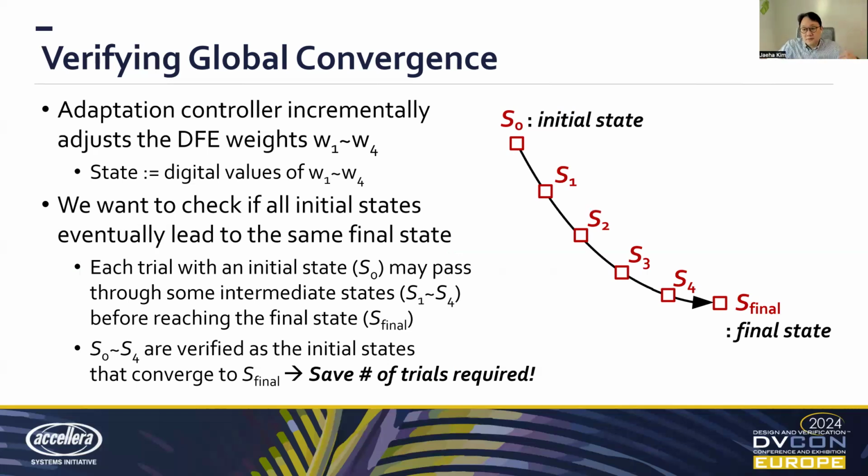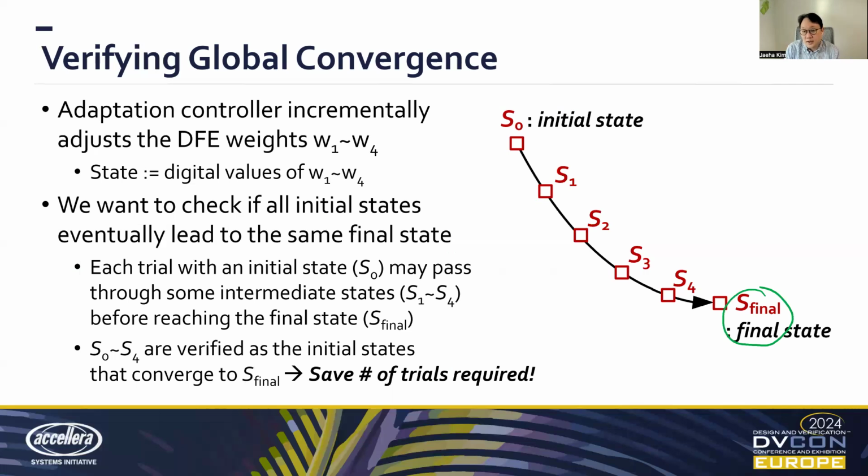Over a certain period of time, it will keep adjusting, and eventually it will reach a final value where the adaptation loop no longer makes further adjustments. Now our problem is we want to try every single initial state available in the system and see whether every initial state will lead to the same final state. That's what we want to do.